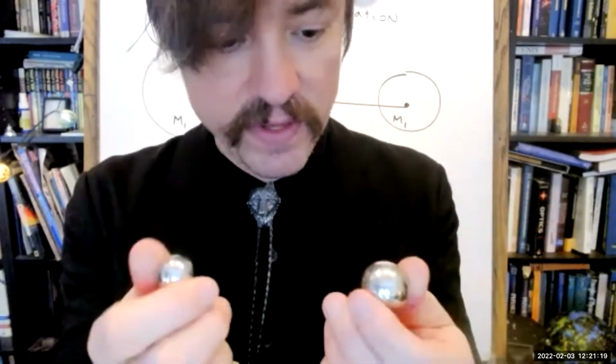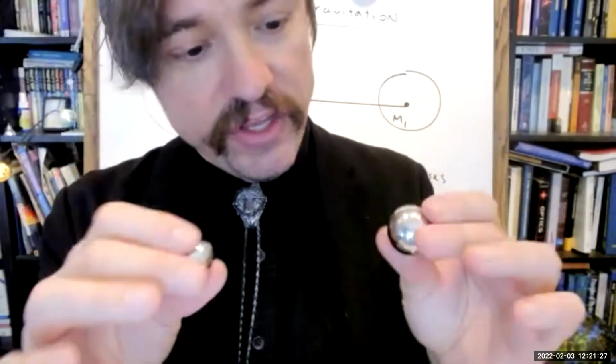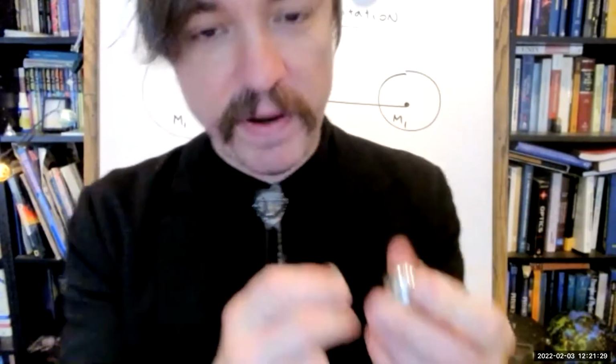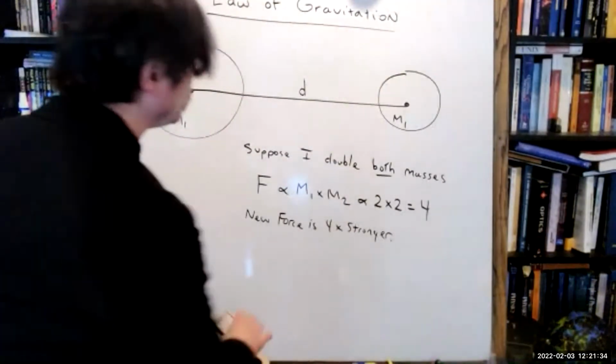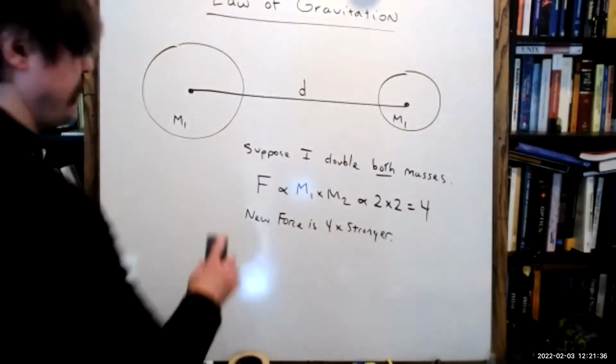When we have objects in space, like a planet and a moon or 2 masses, these are physical quantities that we find in nature. And we have decided how to measure them in units that we have imposed upon nature. For instance, let me write the law of gravitation again.